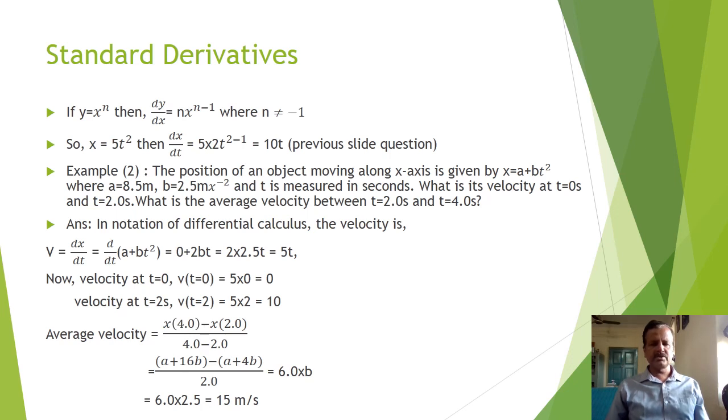If you substitute in the equation, x at 4 second is a plus b into 4 square, 4 square is 16, so a plus 16b, minus a plus 4b, because t square is 2 square, so it becomes 4b. If you simplify, a gets cancelled. 16 minus 4 becomes 12. 12 divided by 2 gives us 6, so 6b. And we know the b value given in the problem is 2.5. So it becomes 6 into 2.5, that is 15 meters per second.